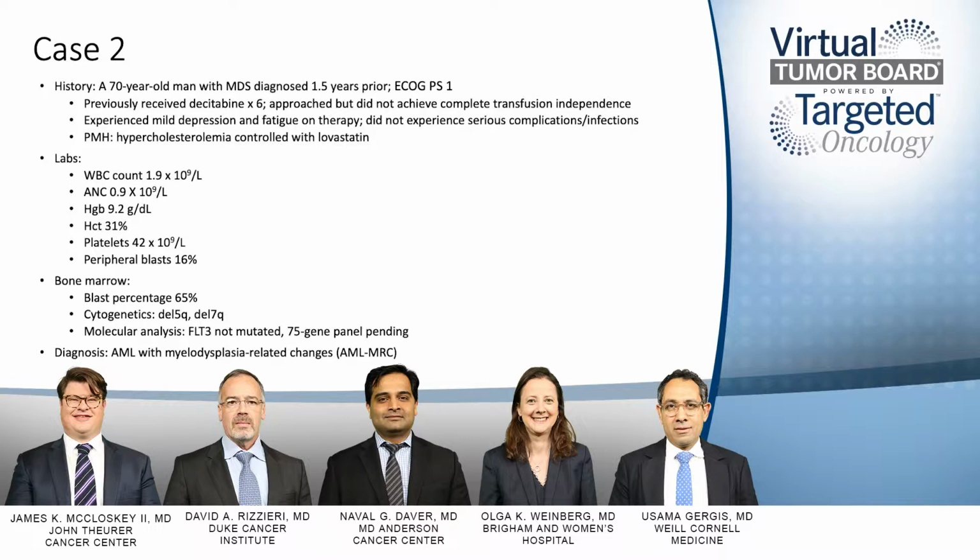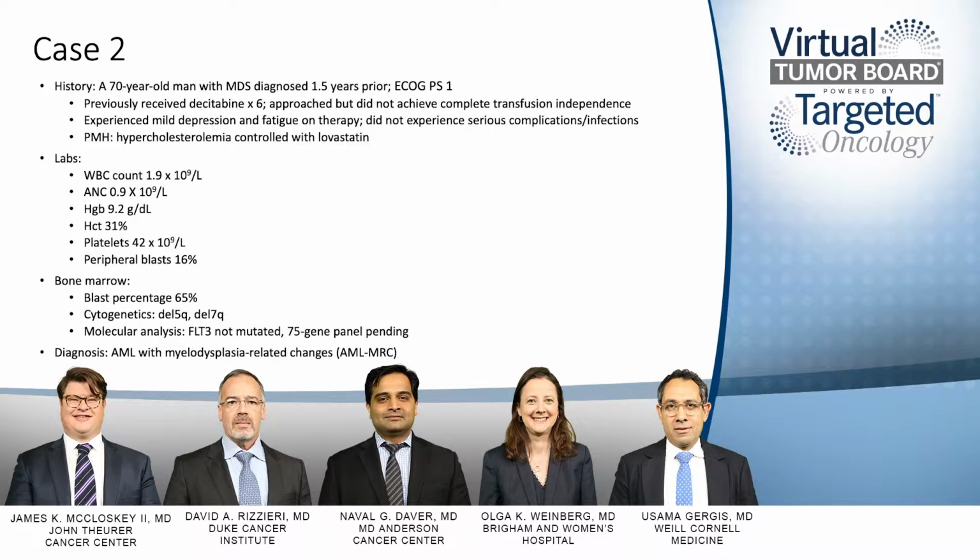White counts at presentation to us were notable for a white count of 1.9 with an ANC of 0.9, so mildly decreased, a hemoglobin of 9.2 with a hematocrit of 31. Platelets were markedly decreased, though, at 42,000 with peripheral blasts at 16%. A bone marrow aspirate biopsy was performed, and as we see, the blast percentage was 65%.